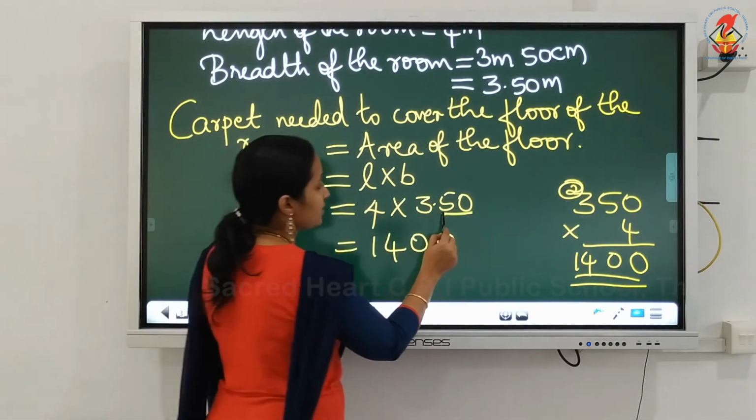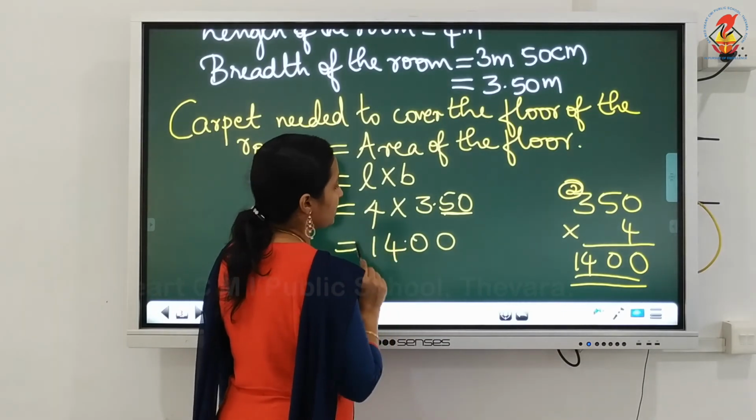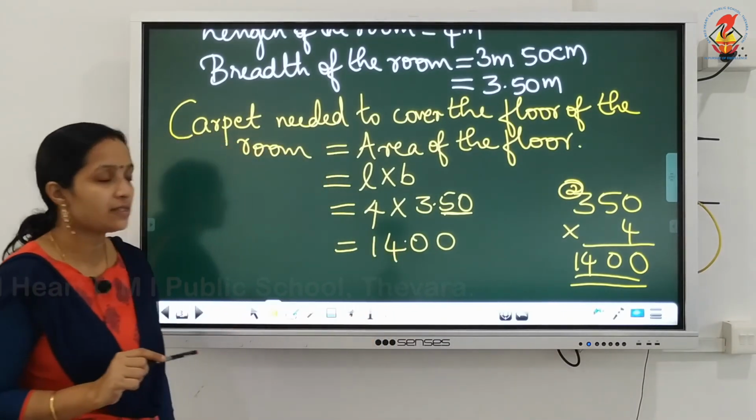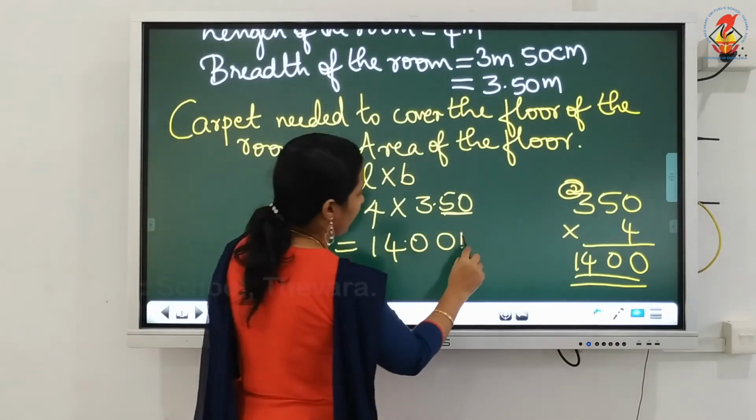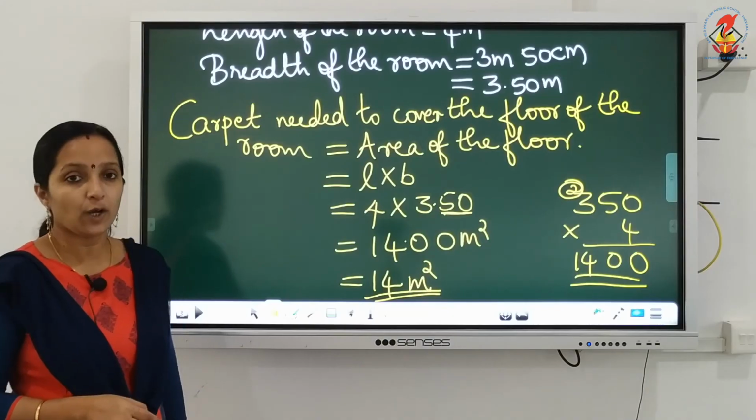Here 2 places are there, so from the right side after 2 digits we put the point. So what is the answer we got? 14.00 meters square, or you can write it as 14 meters square. So how many square meters of carpet is needed to cover that particular floor? 14 meters square. I hope it's clear.